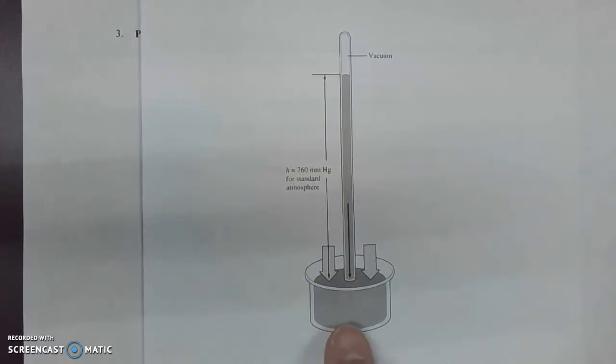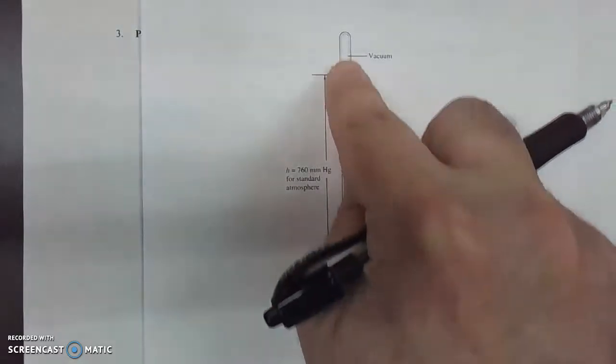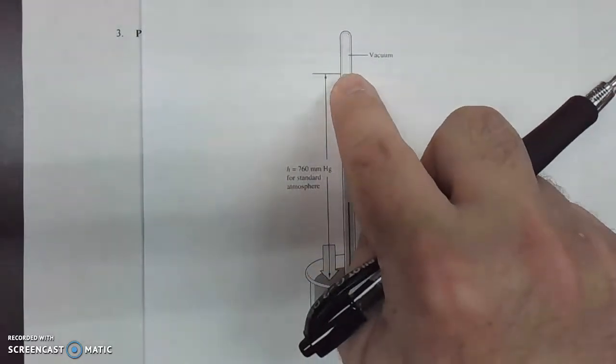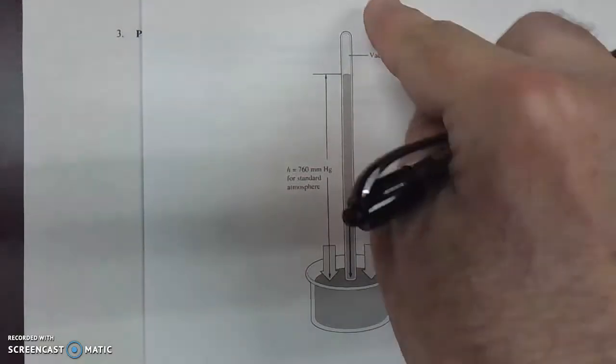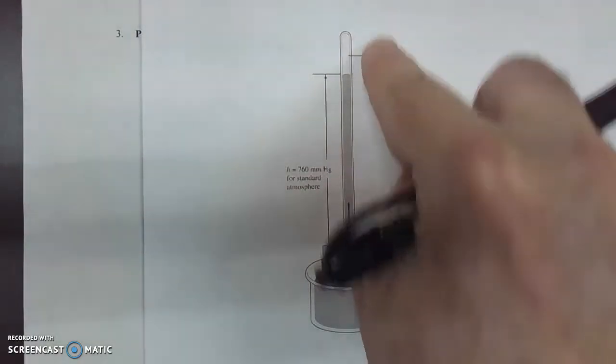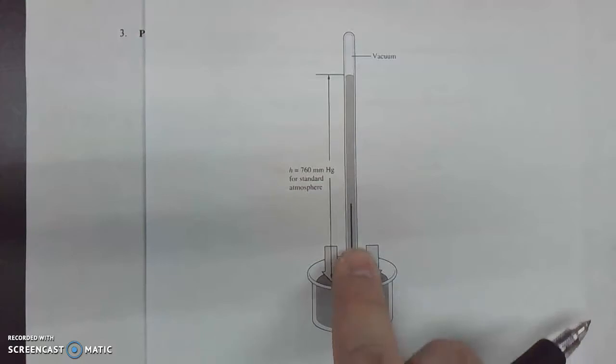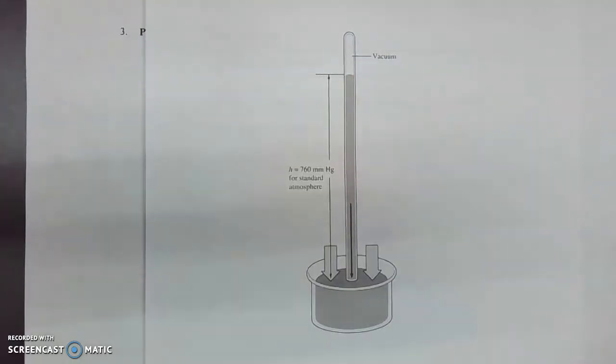If we had a pool of mercury down here in this beaker, which would not be very good to have around, and we also have an inverted tube in which we have mercury from which the air has been removed, the pressure of all the gas molecules pushes down on this and it causes a column to rise.